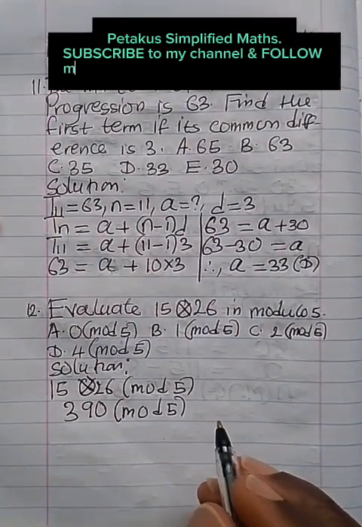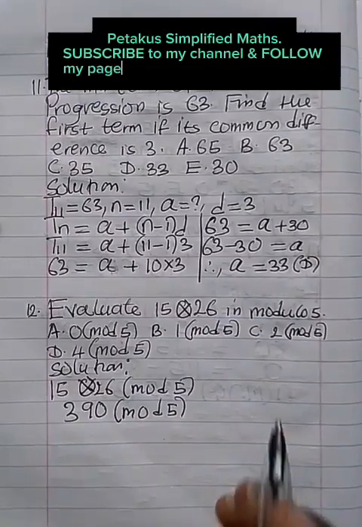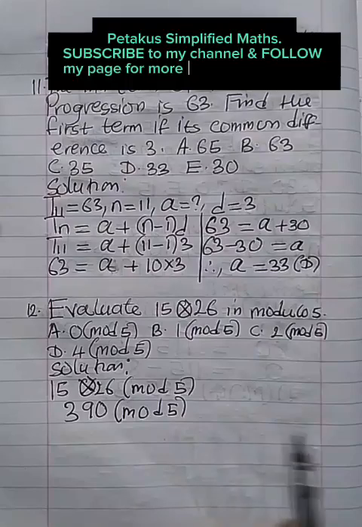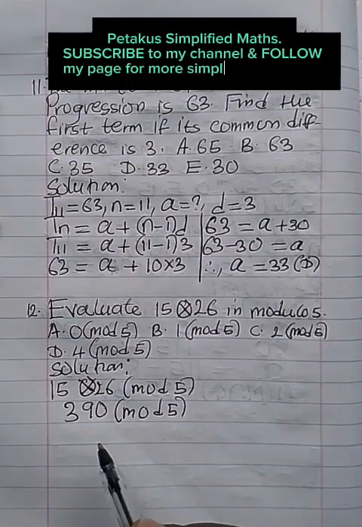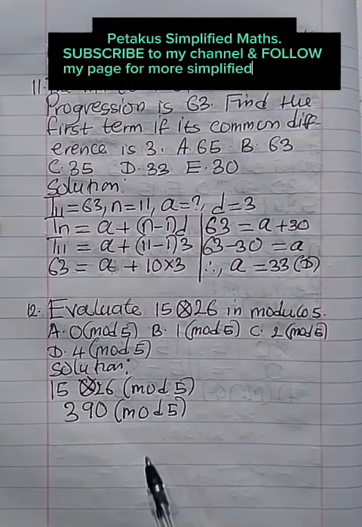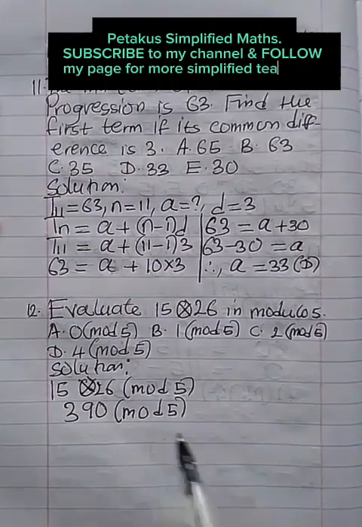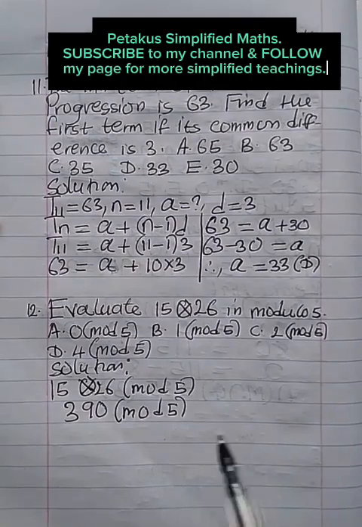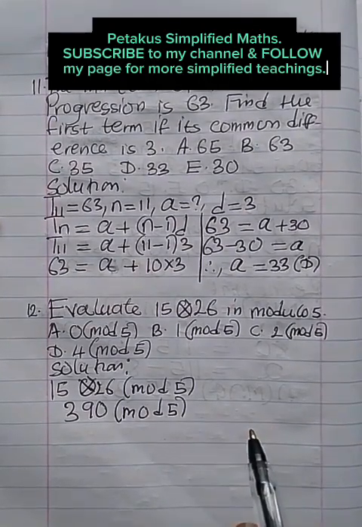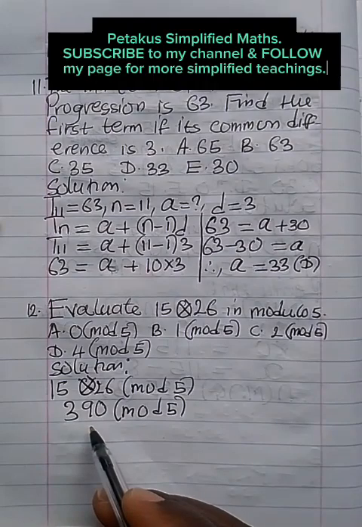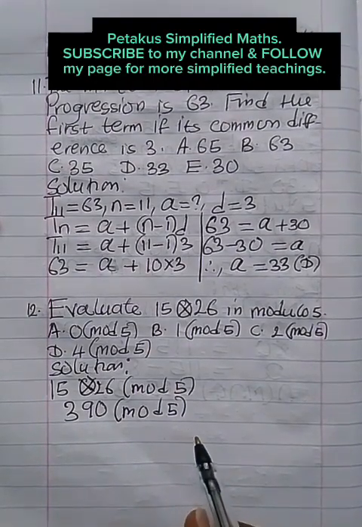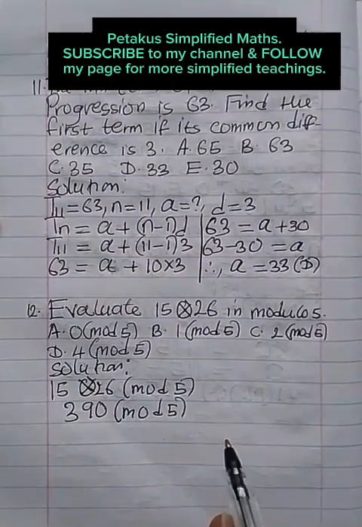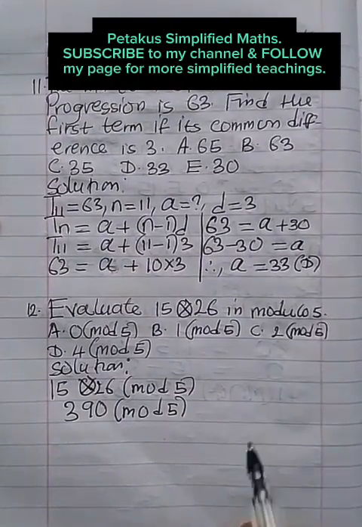Now, modulo 5 has 5 elements from 0 to 4, which means 390 is not an element in modulo 5. For us to have an element in modulo 5, you have to divide 390 by 5 and note the remainder. The remainder is the answer.